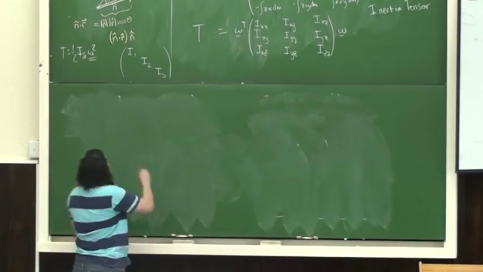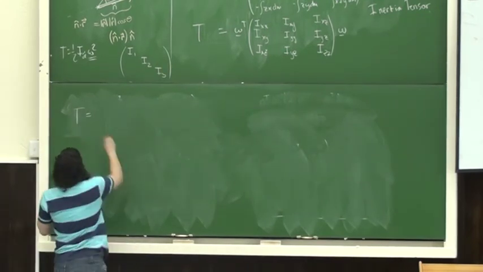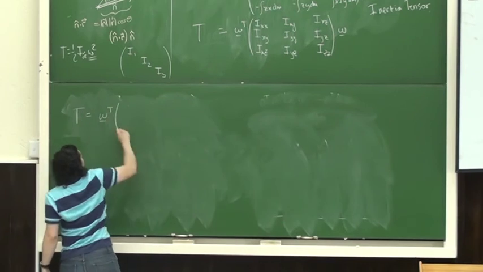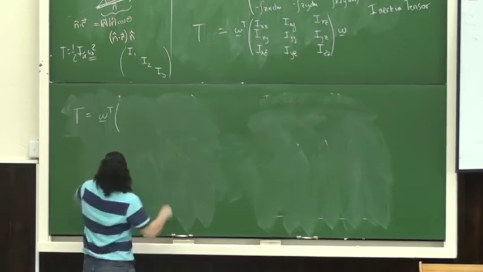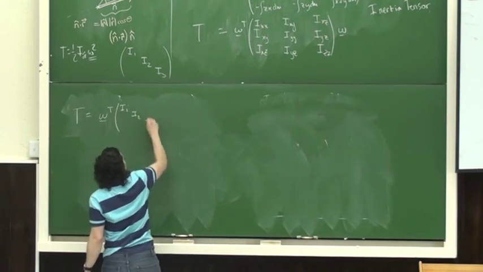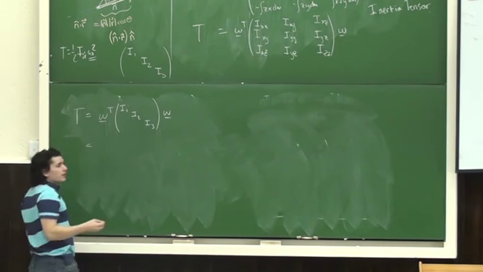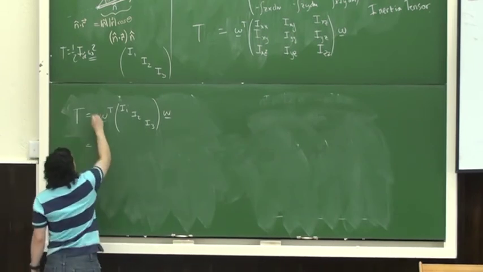Energy. Well, we've got a formula for it: omega transpose, and I can write it in this form, I1, I2, I3, omega. It's simply equal to, when we write this all out, a half.